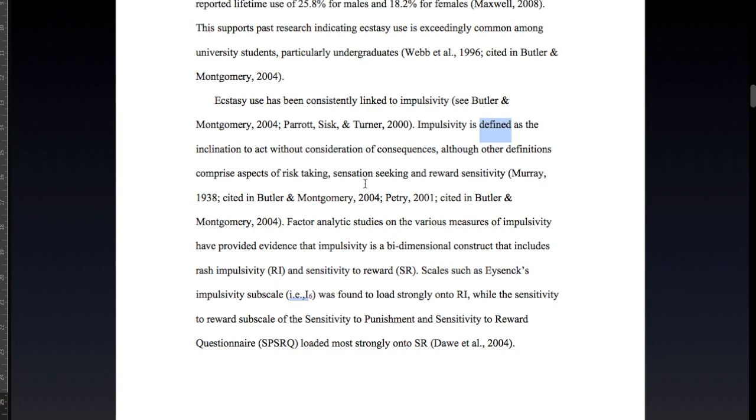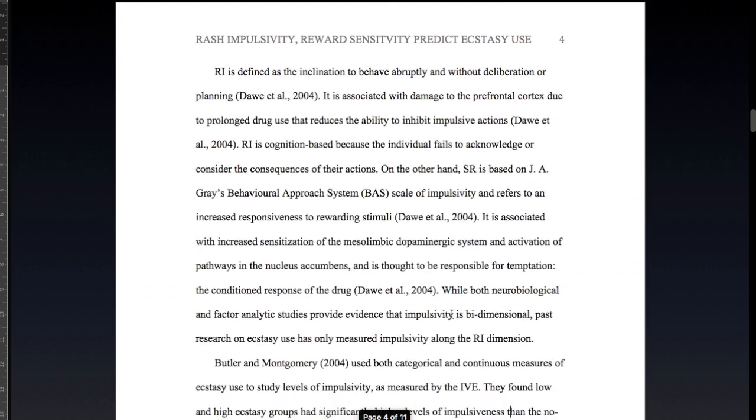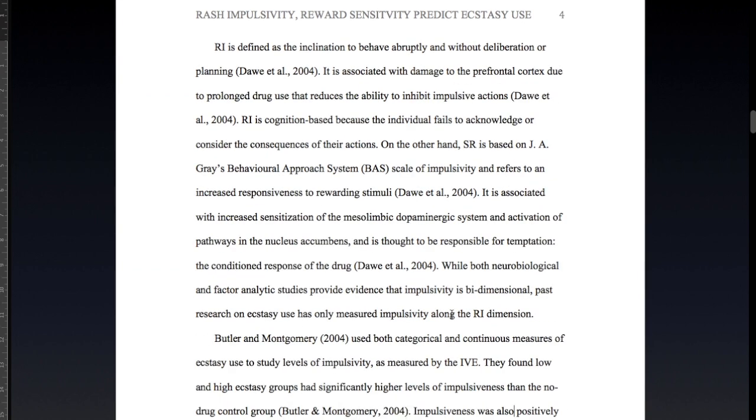So risk-taking, sensation-seeking, reward sensitivity, and then talking about how some studies have divided it and shown that these really fall under two different variables, under rash impulsivity and sensitivity to reward. So together they make up impulsivity. And so then I talk about rash impulsivity, and I describe that a bit further.